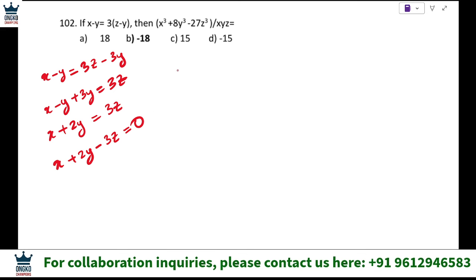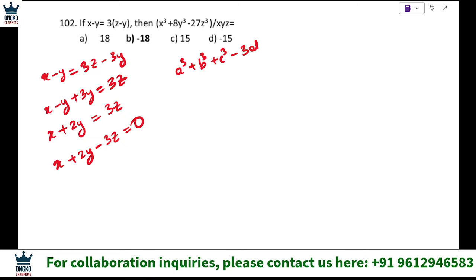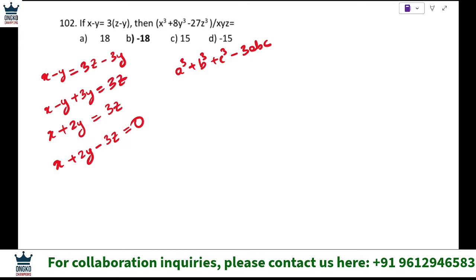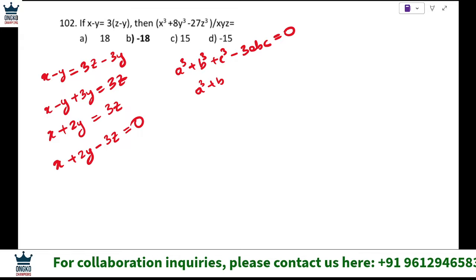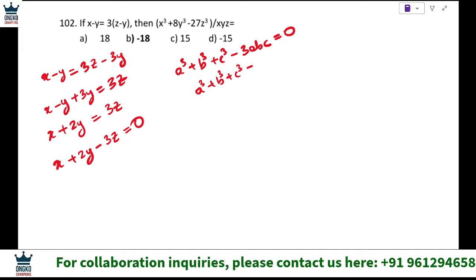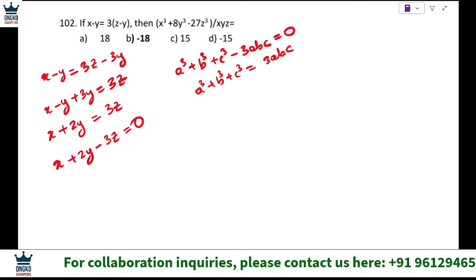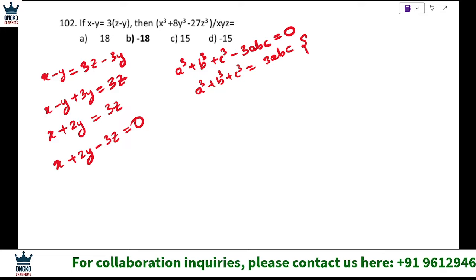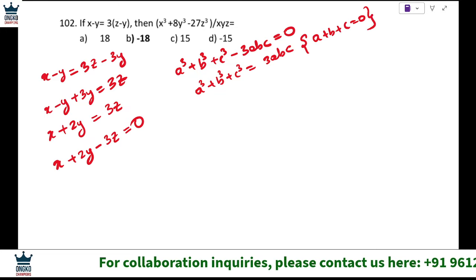We know the formula a cube plus b cube plus c cube minus 3abc is equal to 0 in the form like this. So now here a cube plus b cube plus c cube is equal to 3abc. But here the condition is a plus b plus c is 0, so we can use this one.